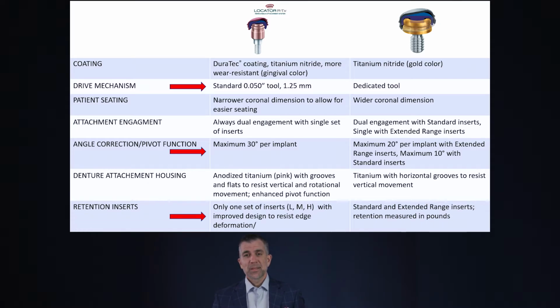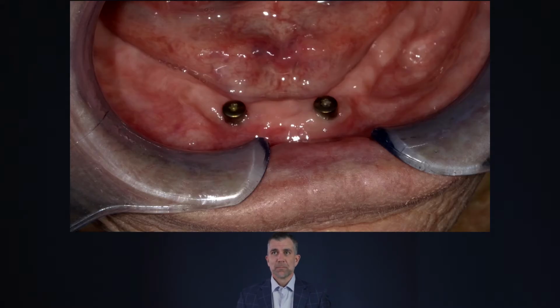And finally, with the older Legacy locator, they had standard and extended range inserts, and the retention was measured in pounds. On the new RTX, there's only 3 inserts, low, medium, and high retention, and there's not different standard or extended ranges, so it really simplifies the process in treating these patients. So let's take a look at how this works with a patient in our practices.